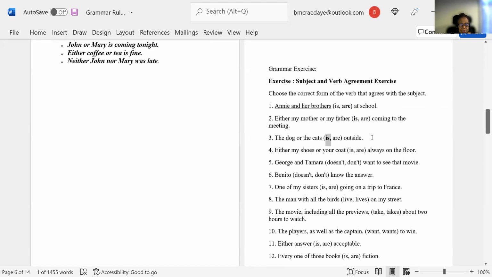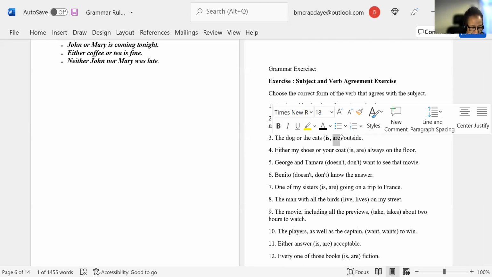Now this one, actually, this one should be are. The reason I put is here is because cats is plural, and a plural subject would have a plural verb. So we put the plural verb for the last one. We wouldn't say cats is, we would say cats are. So let's put are, that would be the answer.